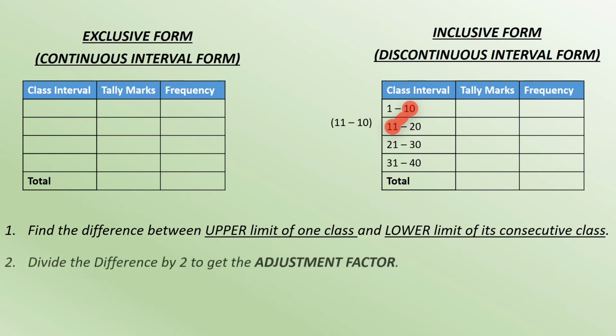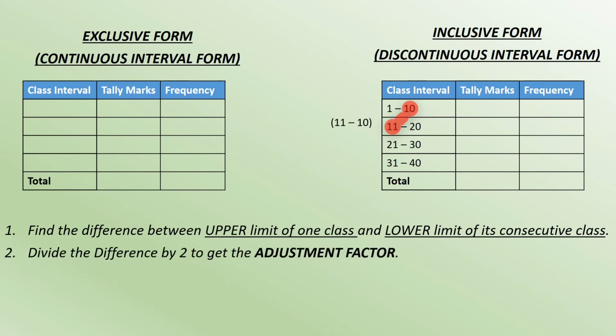Then divide this difference by 2 to get the adjustment factor. Now this factor is required for this conversion of inclusive form to exclusive form. So we divide the difference 11 minus 10 by 2, that is 0.5. So our adjustment factor in this example is 0.5.